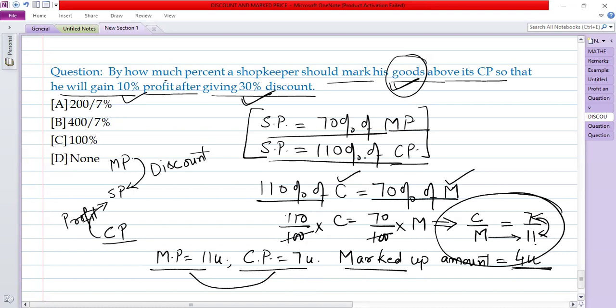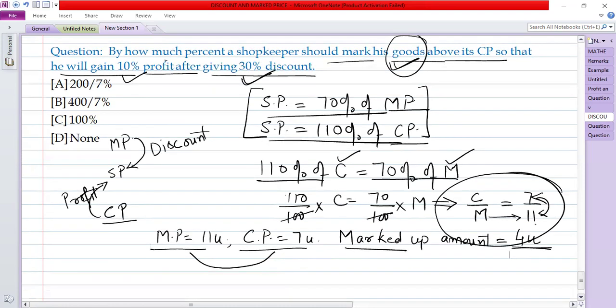And obviously we need the markup percentage here. So for the markup percentage, we take the markup amount, 4 units, divided by the 7 units cost price, into 100.